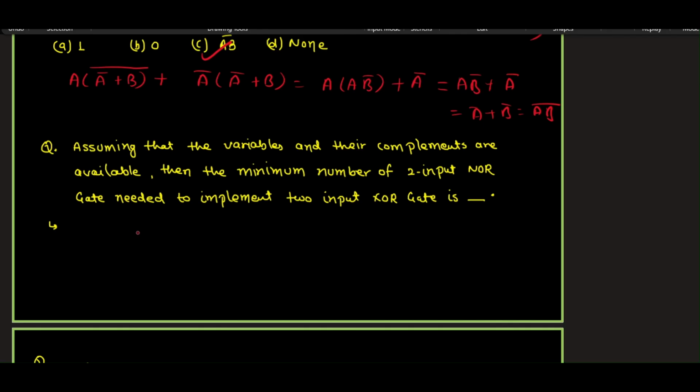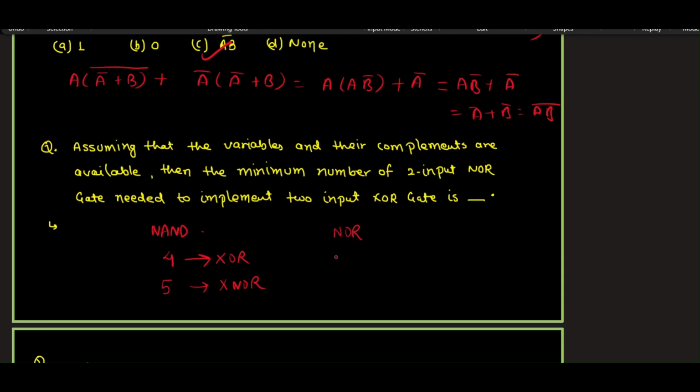The number of NAND gates to represent XOR operation: we know that four NAND gates are required to represent XOR operation, and five NAND gates are required to represent XNOR operation.